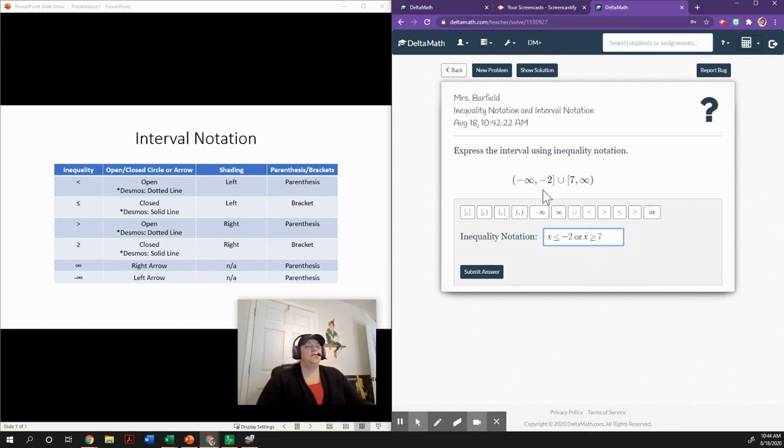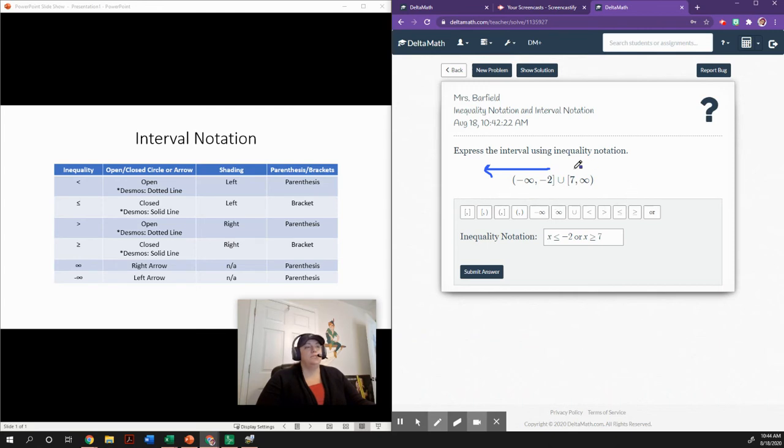Okay, so now think about what is here. Okay, so I know I just kind of worked through that, and some of you might be thinking, oh, what did she do? Okay, this is -2, and it's shading to the left because it's -2 is going towards negative infinity. So if I were to draw, okay, and this was -2 on the number line, my picture would go that way to -2.